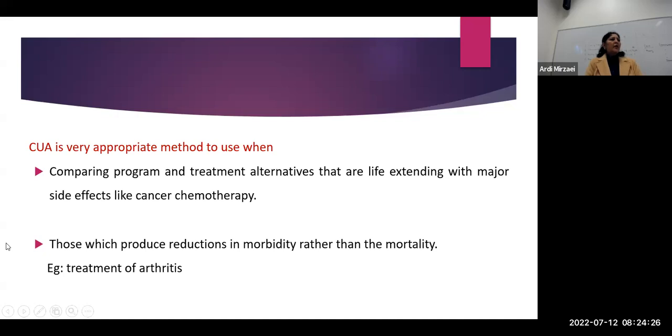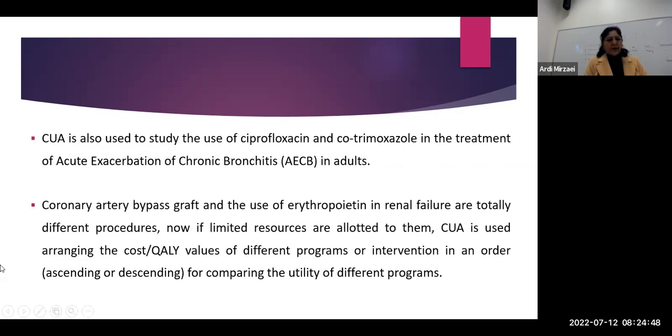And this method, the cost utility method, is very appropriate to use when you need to compare programs and treatment alternatives that are life extending with major side effects, like cancer chemotherapy, and also for those which produce reduction in the morbidity rather than mortality, like treatment of arthritis.